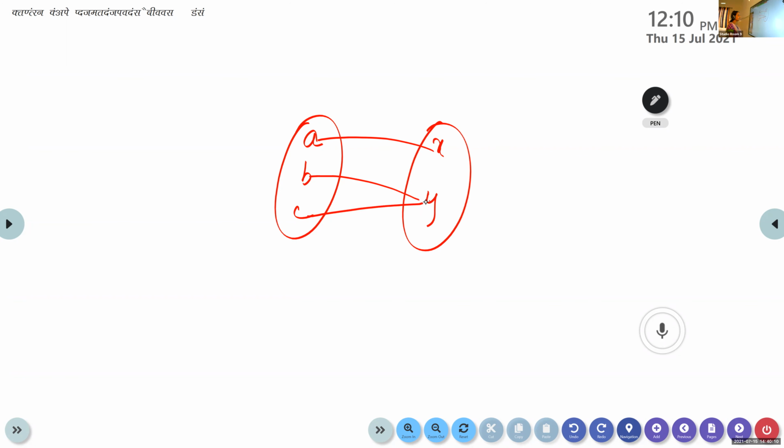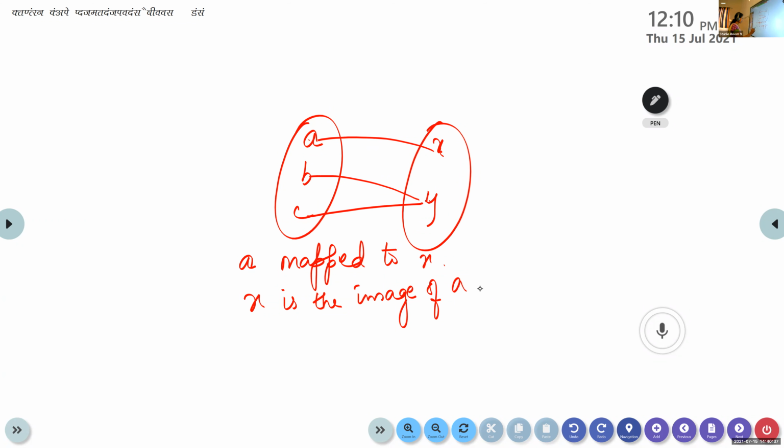Look here: A is mapped onto X. It is mapped to X, or we can say X is the image of A. One more word we are going to learn: A is the pre-image of X.